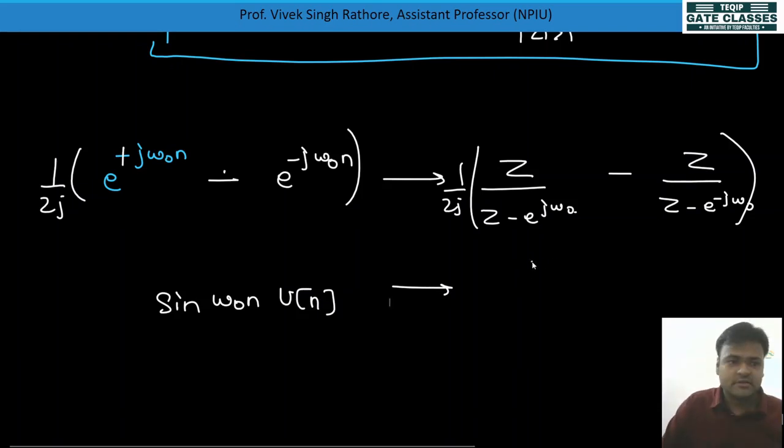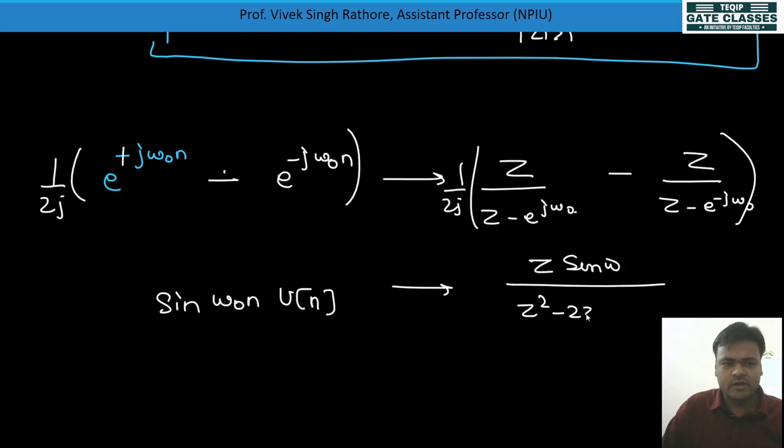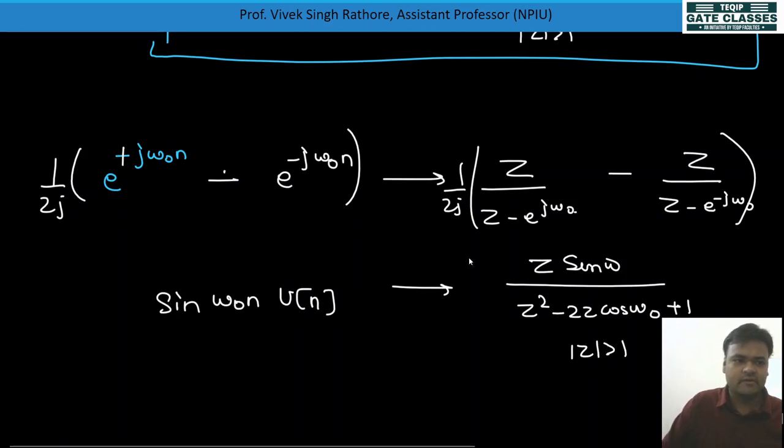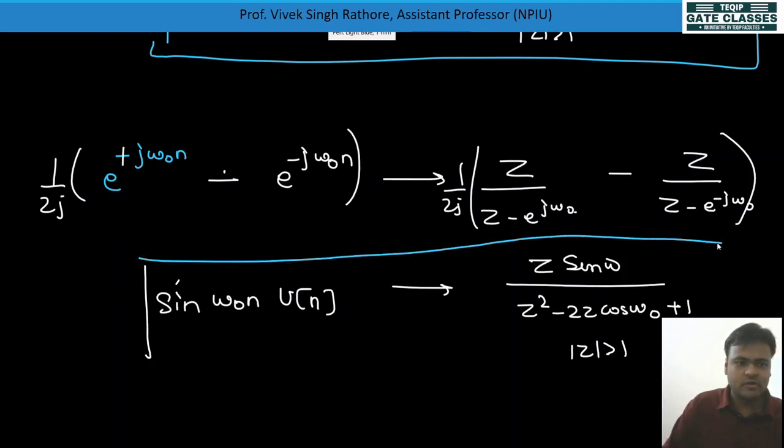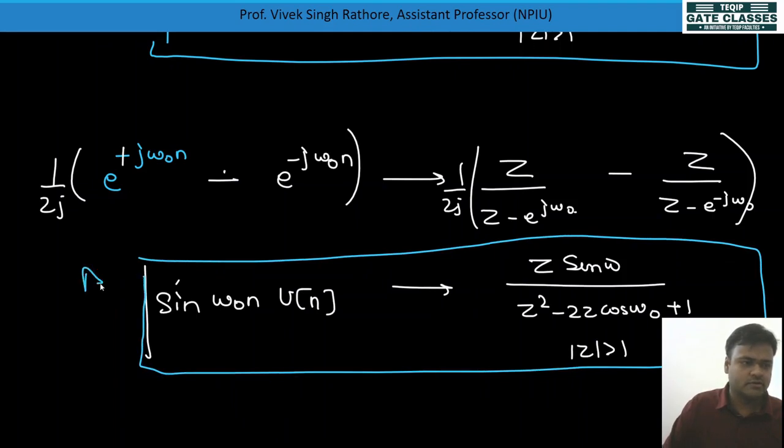So what we get is, you should solve it, I'm writing the answer: z sine omega over z square minus 2z cos omega naught plus 1, and its mod z is greater than 1. So this value is also worth remembering. You should remember this formula.